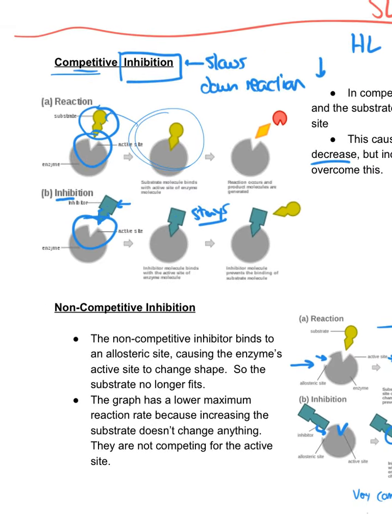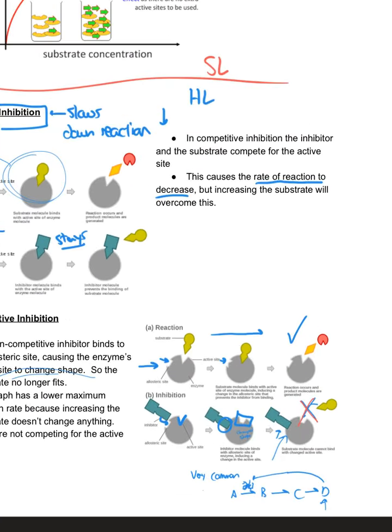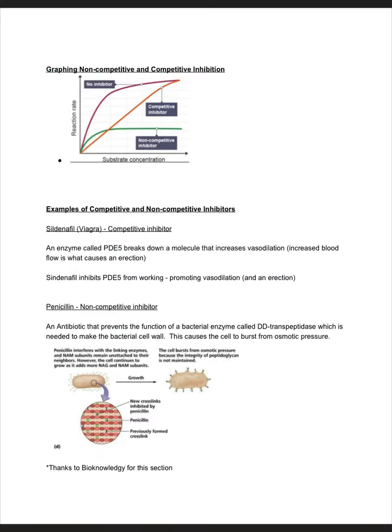Sorry, the non-competitive inhibitor doesn't really care about the active site. It binds with the allosteric site. So it doesn't matter how much you increase the substrate, they're not competing for each other.